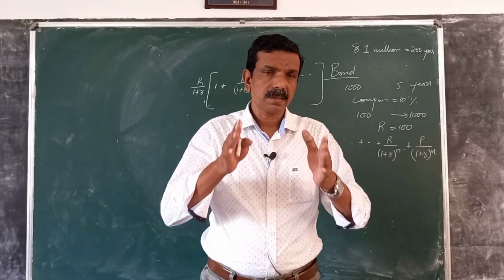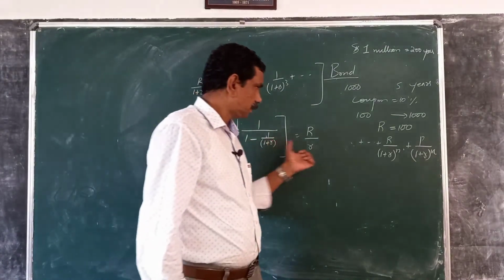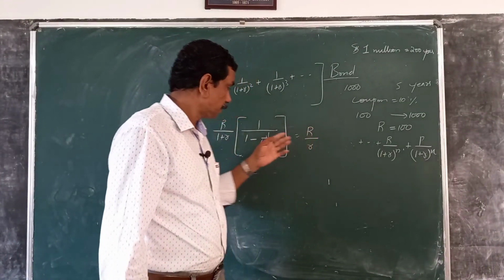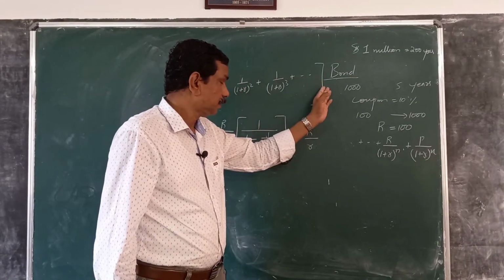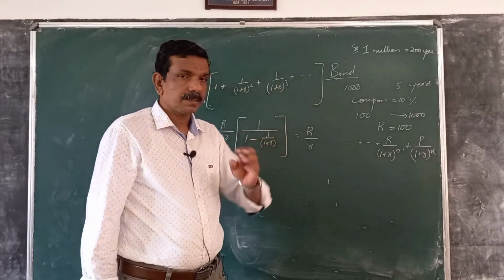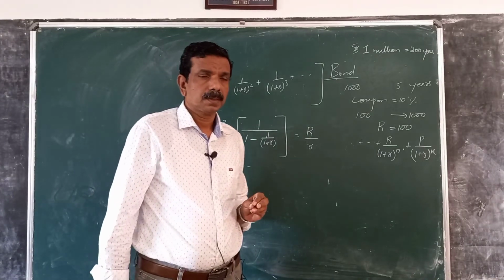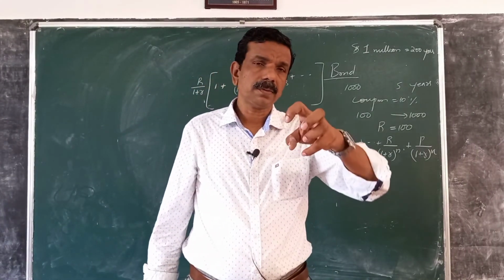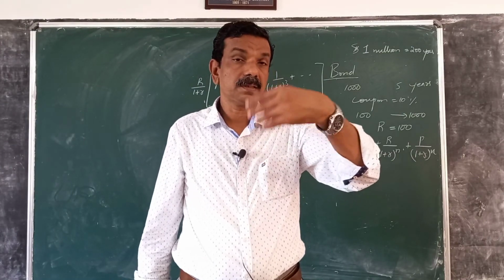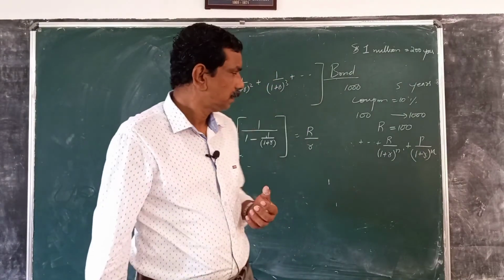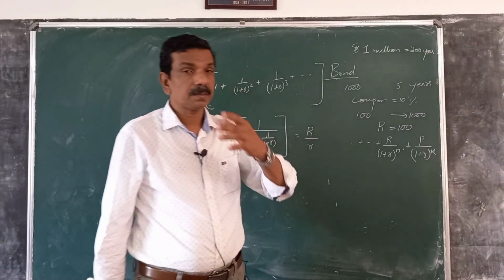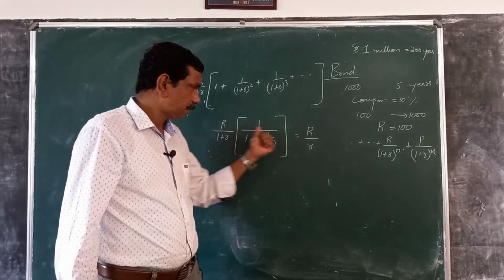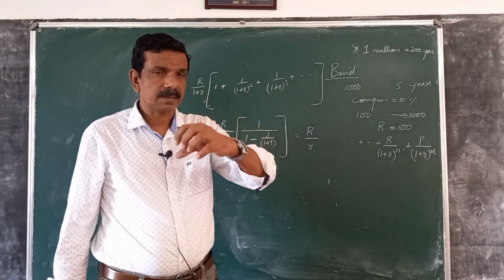If it is a single sum or a series of sums, it is obtained by the formula. In the case of a bond, you have a series of claims. So you have to calculate the present value of the series of claims to arrive at the present value of the bond.